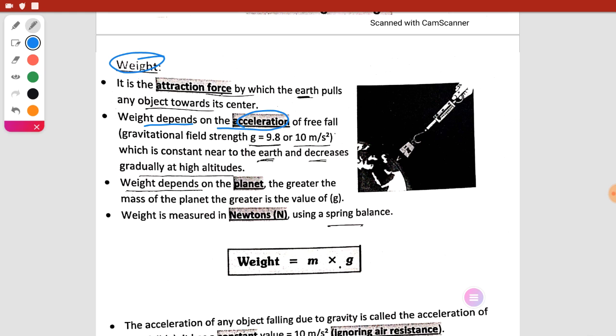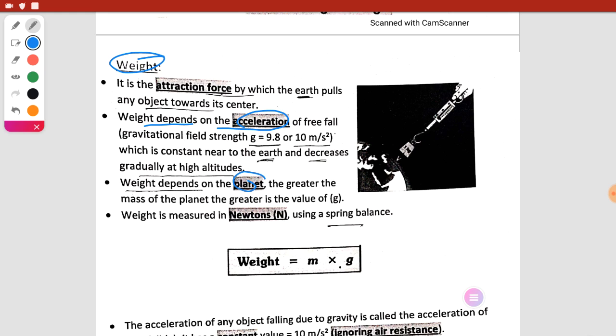The weight is not constant, but it changes from one place to another due to the change in gravity or free fall acceleration, which is constant near the earth and decreases gradually at high altitude. Weight depends on the planet.